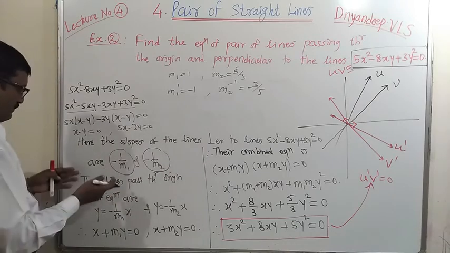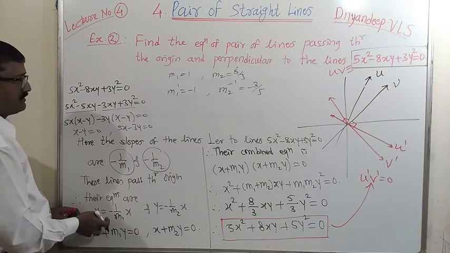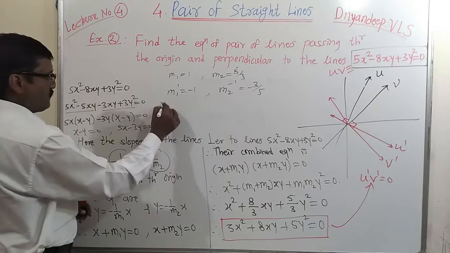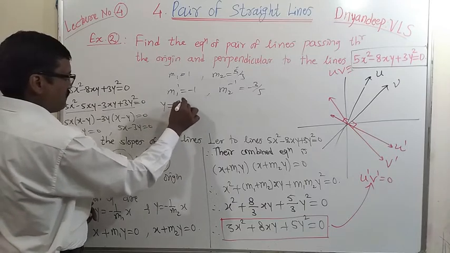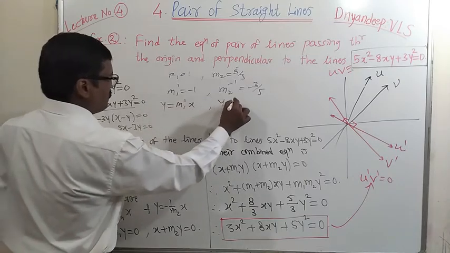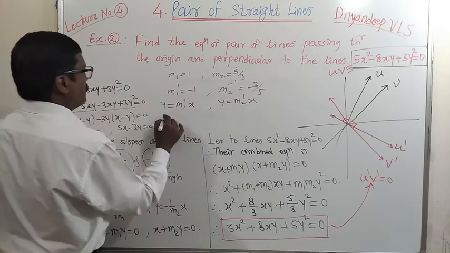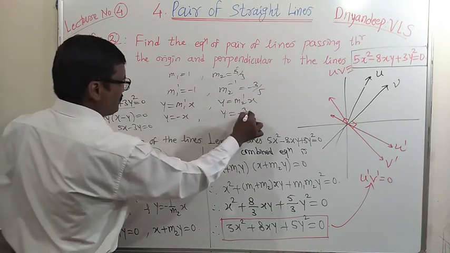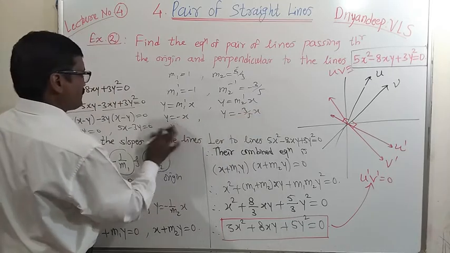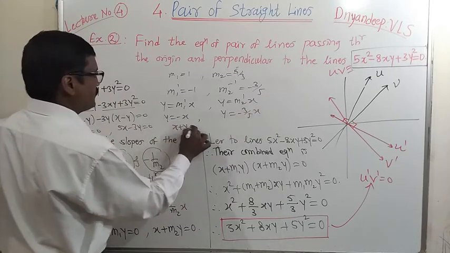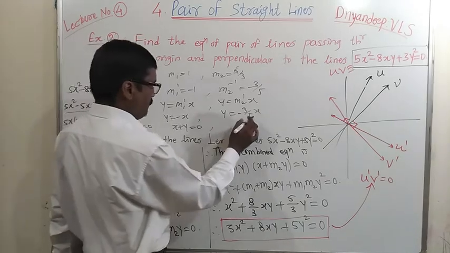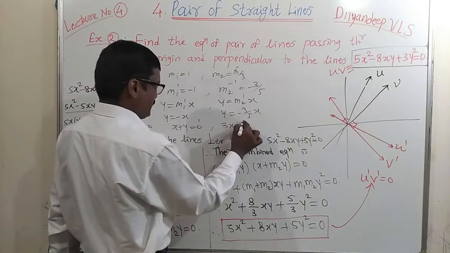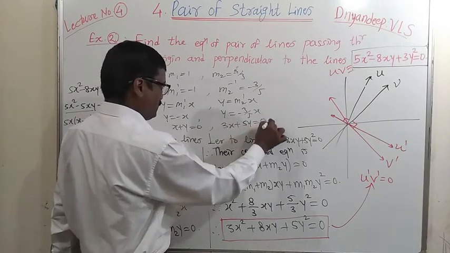Then use these equations here, y equal to M1 dash x and y equal to M2 dash x. Then find y equal to minus x, y equal to minus 3 by 5 x. This is x plus y equal to 0, and this will be 3x plus 5y equal to 0.